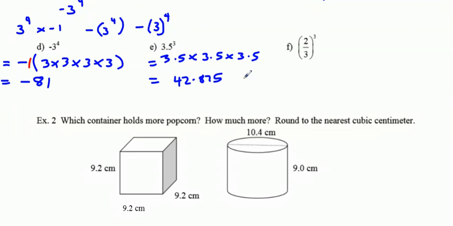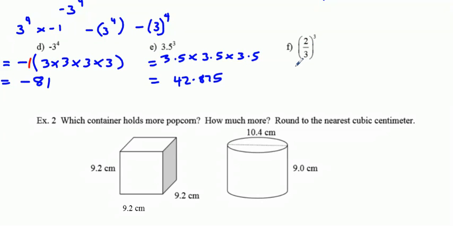So this power is 2/3 to the power 3, and so the thing that you need to notice about fraction powers is that if you have a base that's a fraction, if it's in brackets, it means the numerator is put to that 3rd power, and so is the 3. So this is 2 cubed over 3 cubed.